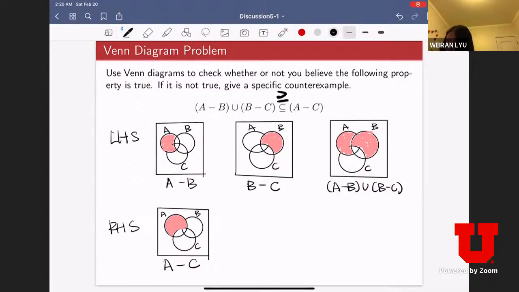The right-hand side should be a subset of the left-hand side. But we need to draw out A, B, and C individually for this? No, you only need to separate them where you have the three inside the parentheses. So just A minus B, B minus C, and the combination of these two.